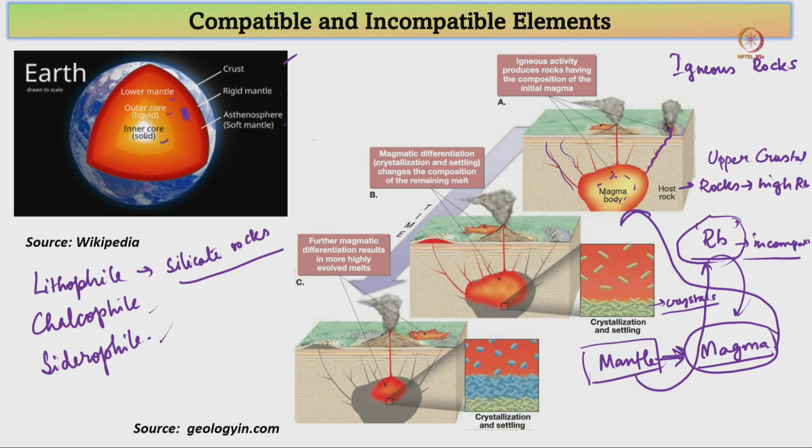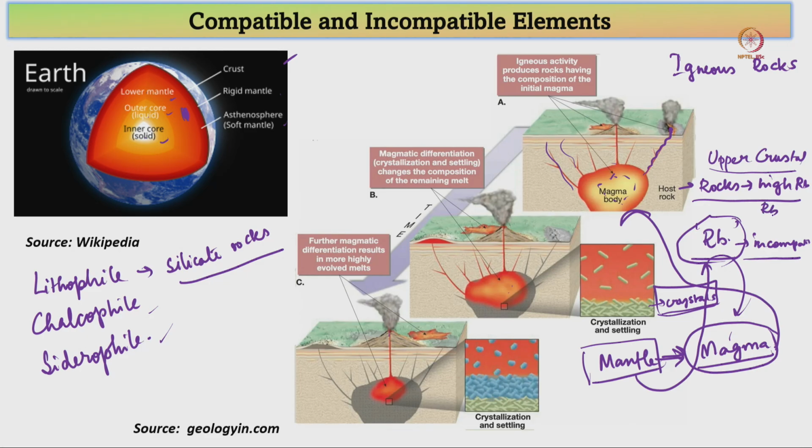It will prefer to be in that liquid phase, that is the magma phase, and this magma gets emplaced into the earth's lower crust, and then as the magma is getting cooled, as new crystals are getting formed, this rubidium which is now in high concentration in this magma starts to form crystals. So, all my upper crustal rocks will have higher rubidium.